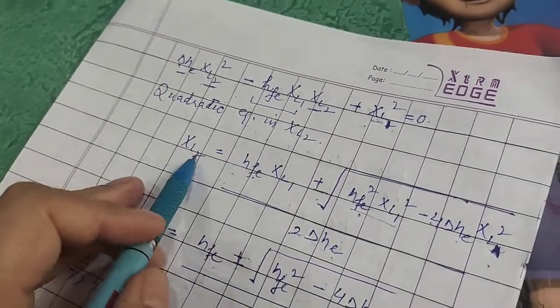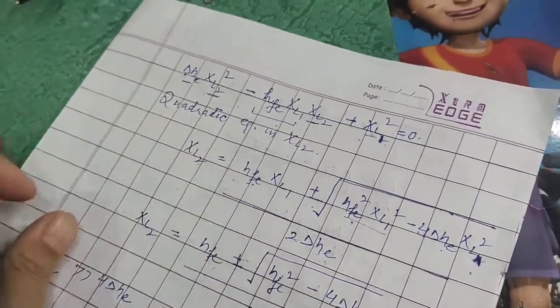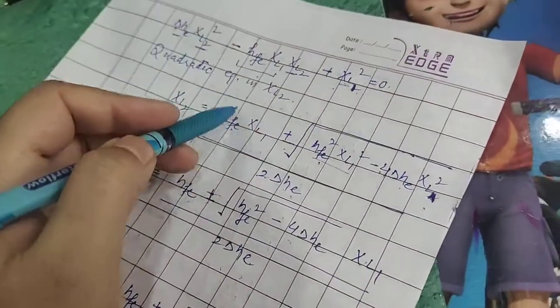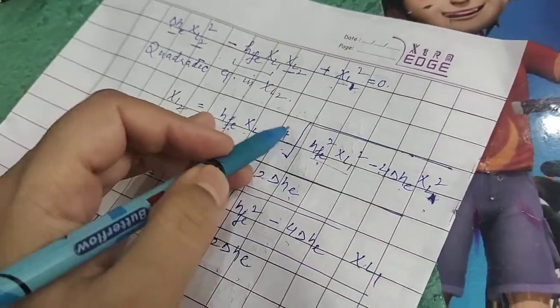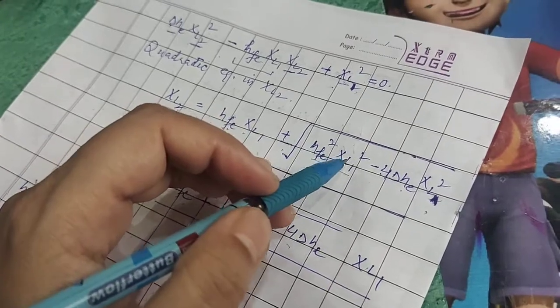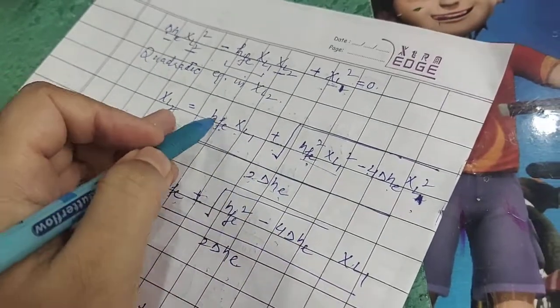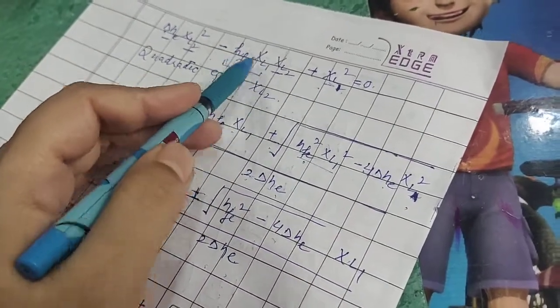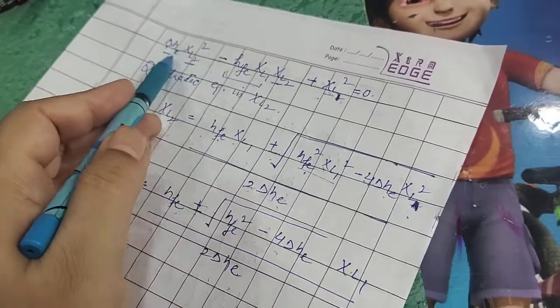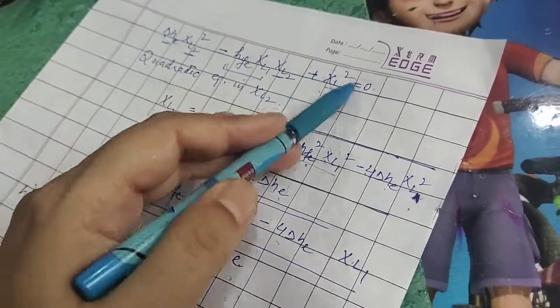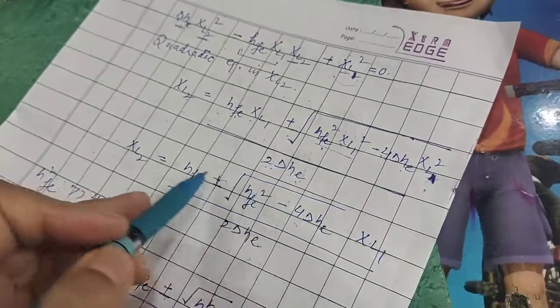To find the solution of XL2, we have to solve the quadratic equation, that is equal to minus b plus minus square root of b square minus 4ac divided by 2a. Minus b, b square is this one, minus 4a, where a is our delta HE and c is our XL1 square, divided by 2a.